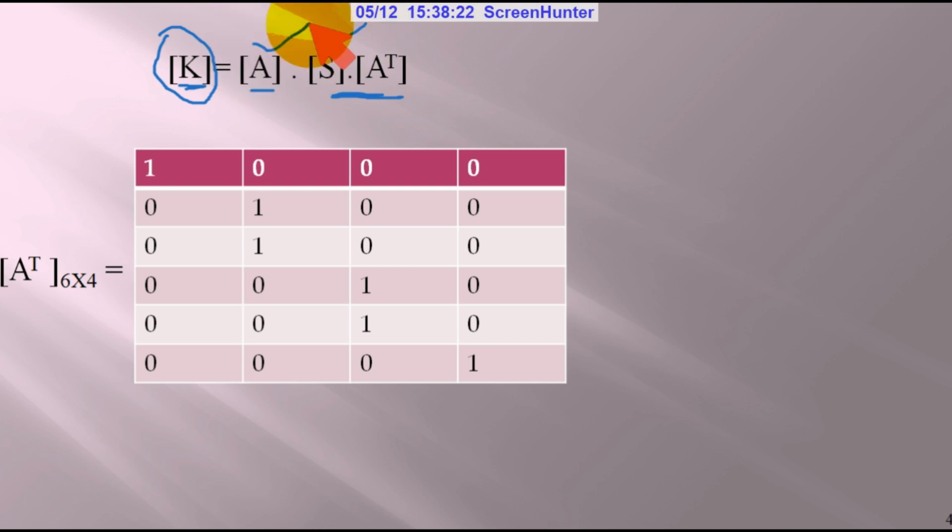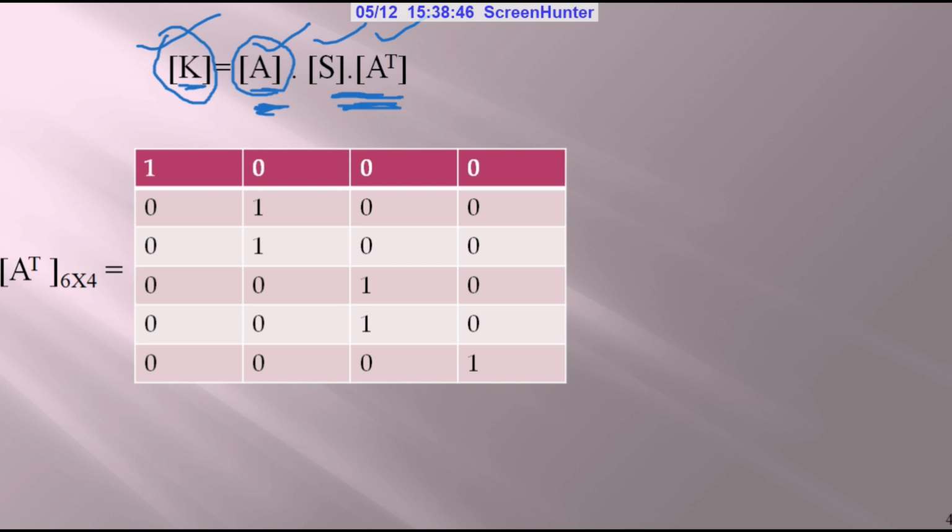A stands for static matrix and A^T stands for the transpose of this static matrix. So the multiplication of static matrix with the S A^T matrix will give you global stiffness matrix.